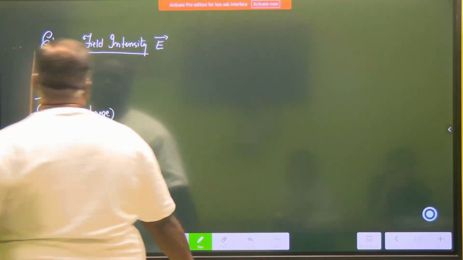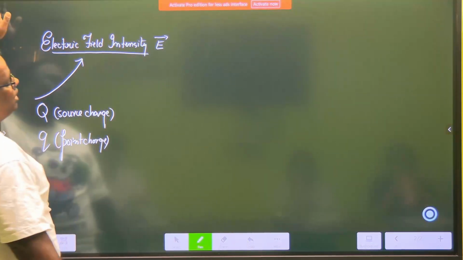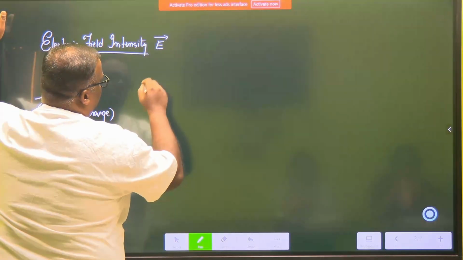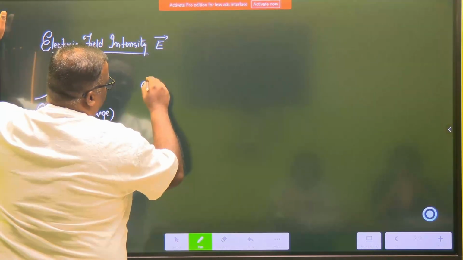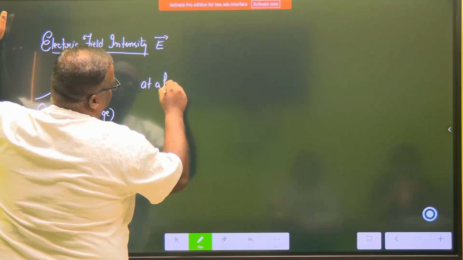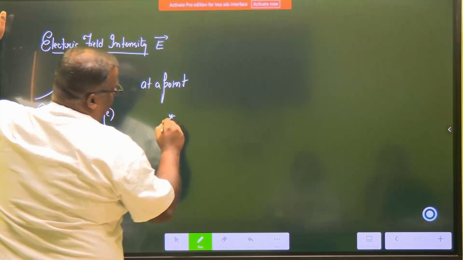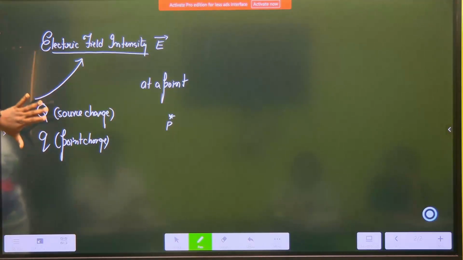Now, let's say that you want to find out the electric field intensity E at a point, say P, and there is a source charge out here. Let's make it simple.